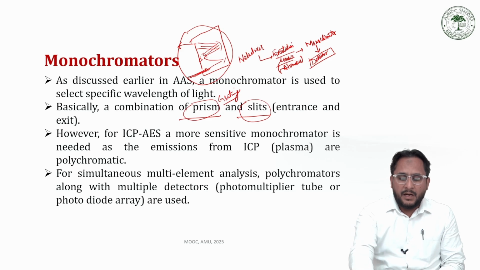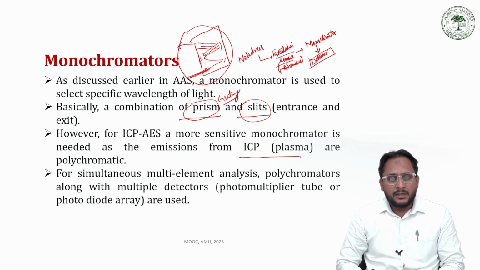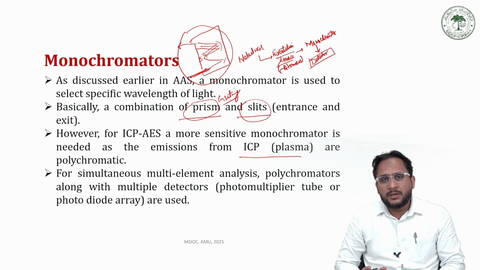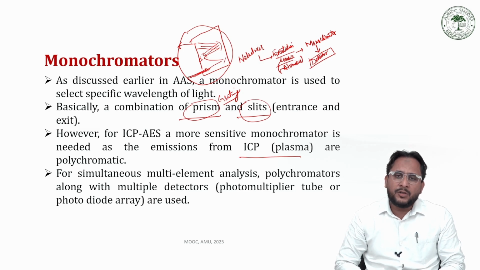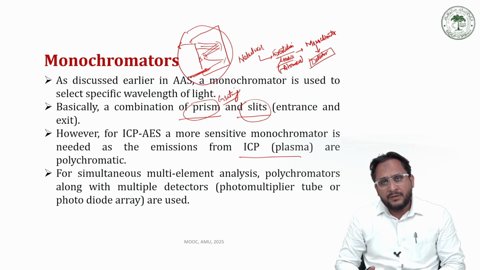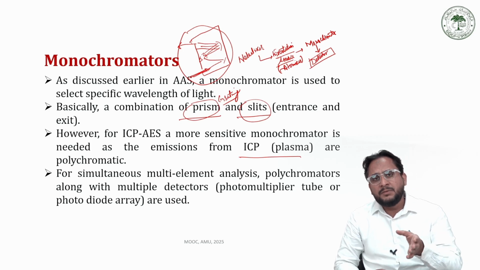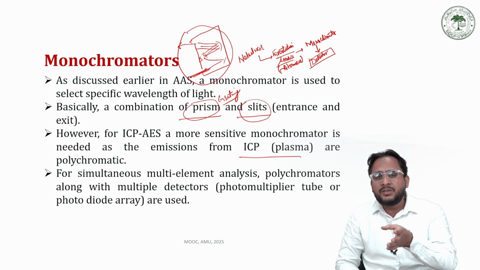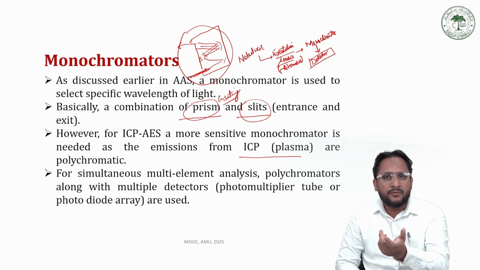For the ICP plasma technique, sometimes instead of a monochromator, we use a polychromator. As its name reflects, a polychromator has the ability to select multiple wavelengths at a time, because ICP can be used for the analysis of multiple elements. That is the beauty of ICP.